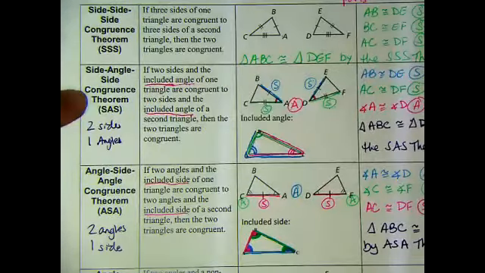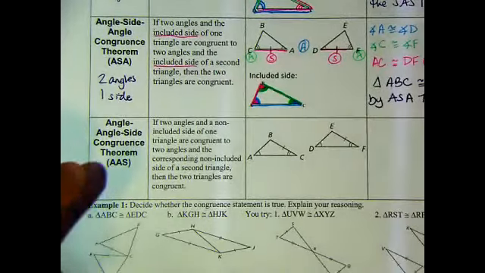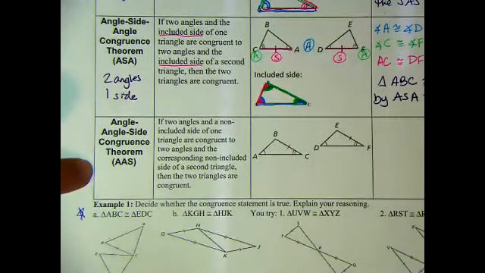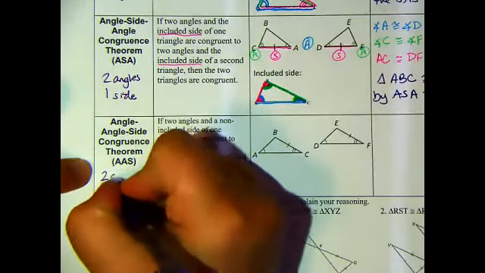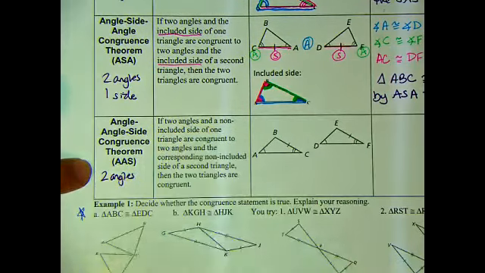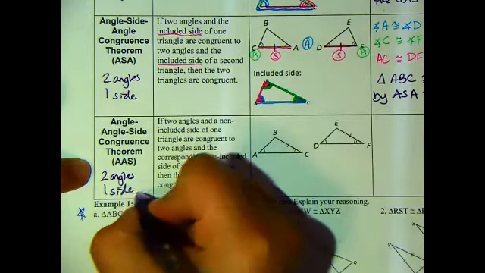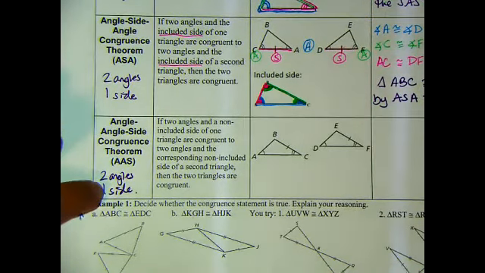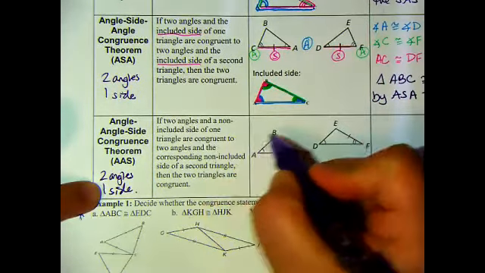There isn't one where you have two sides and one angle, but there is one where you have two angles and a side. So this theorem of angle angle side again uses two angles and one side. The difference being is that the one side is not included.